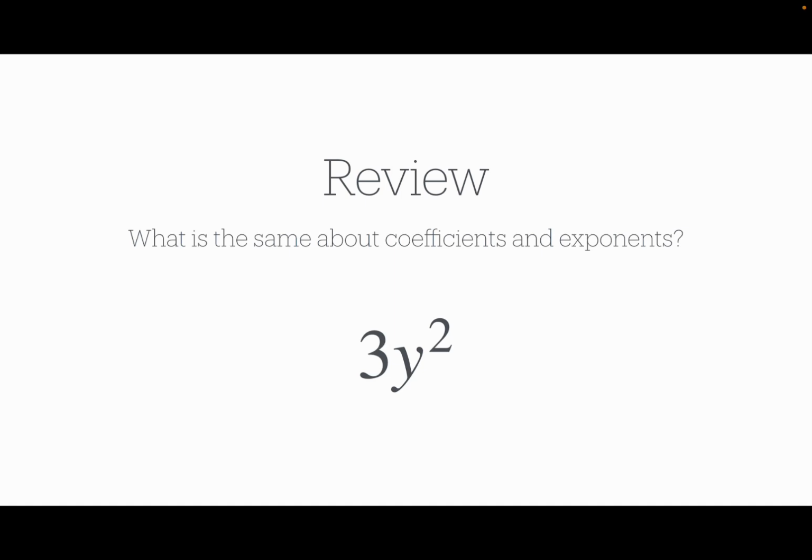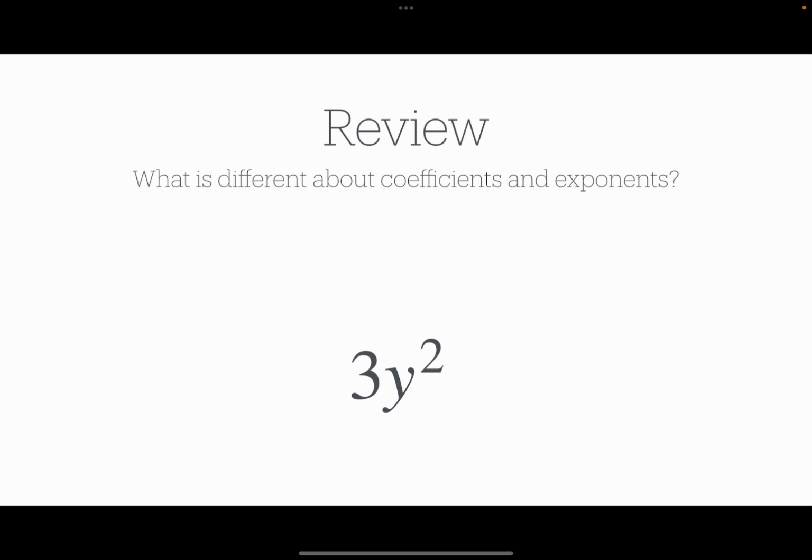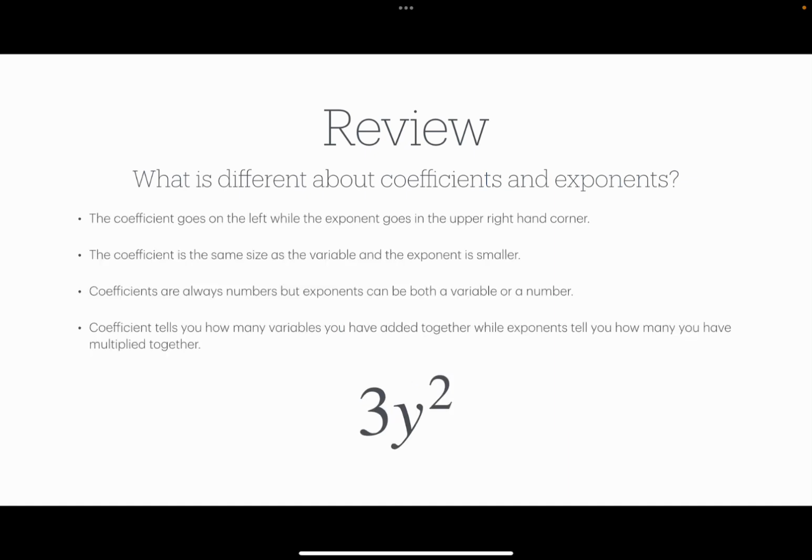So they're each telling us how many there are, but as we get here to the differences, the exponent tells us how many are being multiplied together, and the coefficient tells us how many are being added together. So again, the coefficient goes to the left of the variable. It's the same size as the variable.